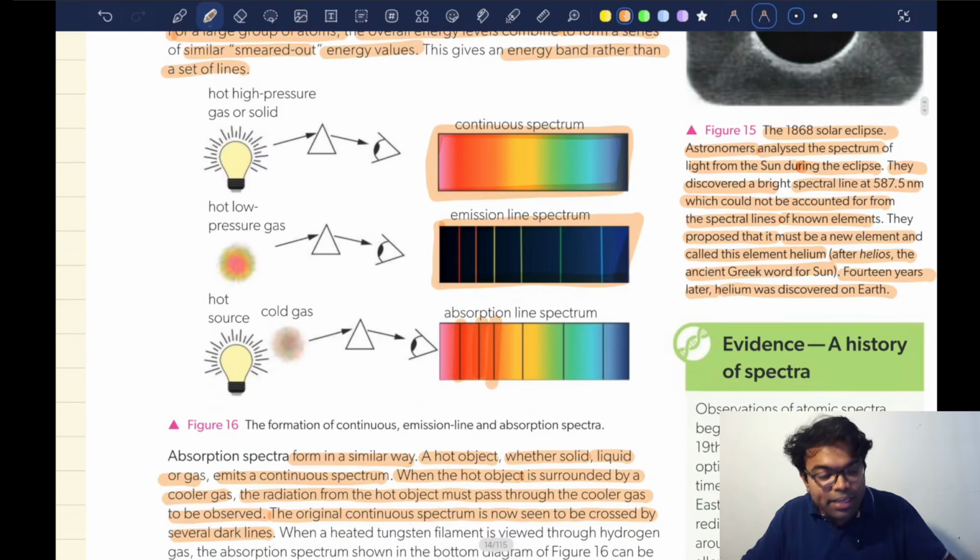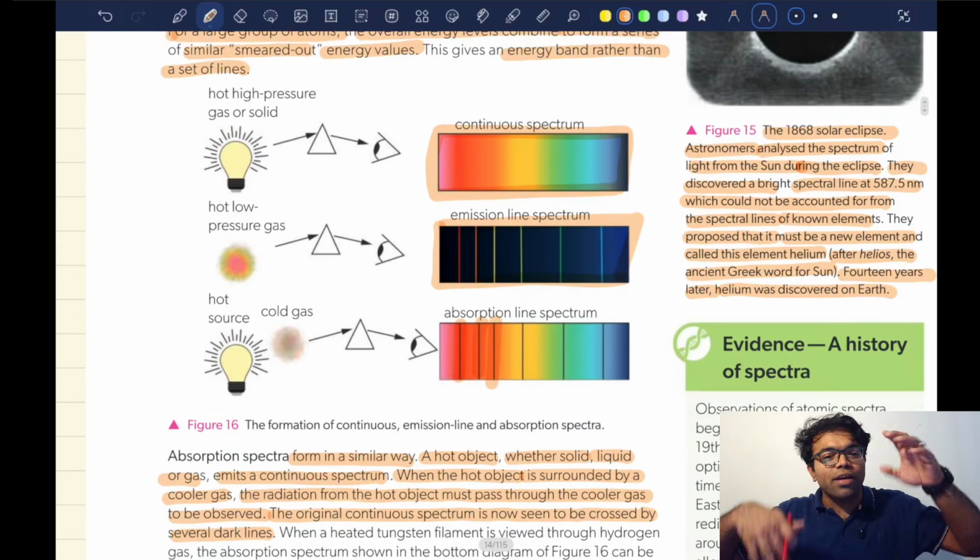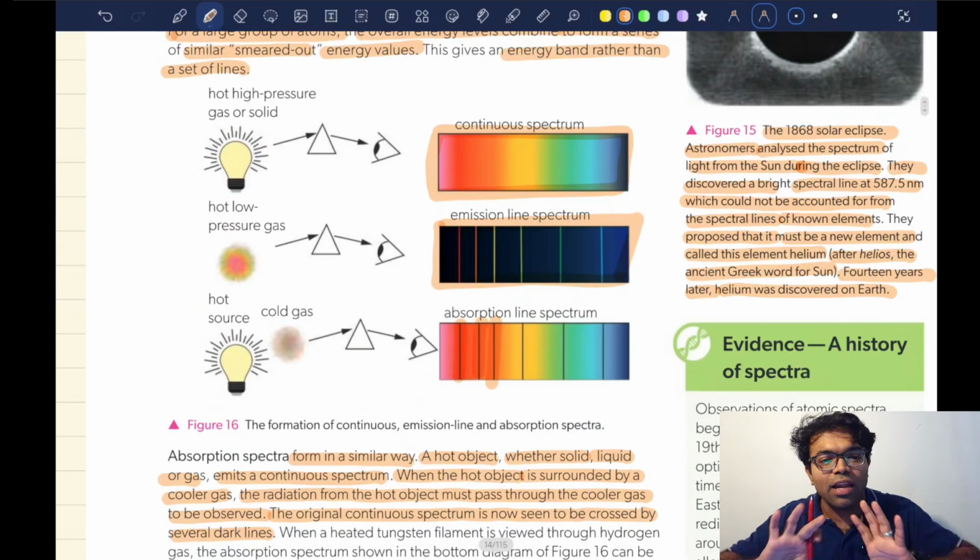Similarly here, because these bands were intercepted, you will have a dark patch between colorful backgrounds. So an absorption spectrum can be defined as a colorful background in which a few dark lines appear. That is known as the absorption spectrum.